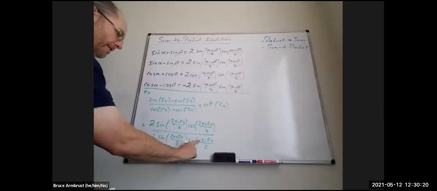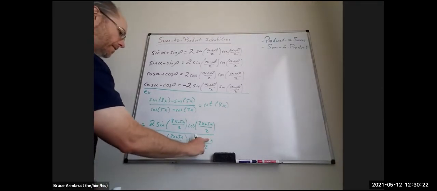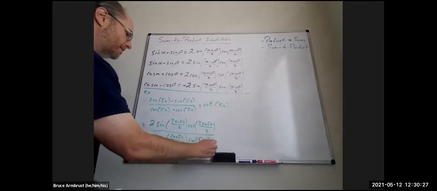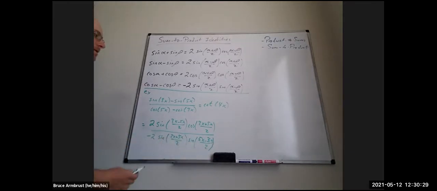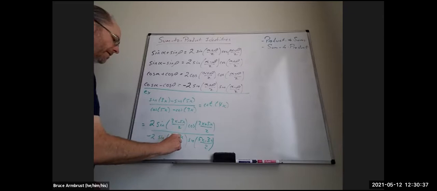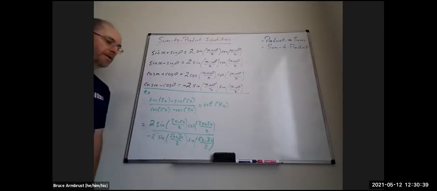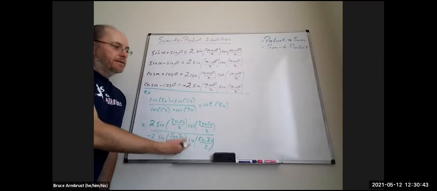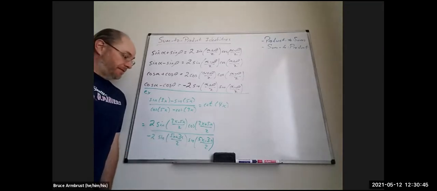Hold on, these are backwards. It should be 5x minus 3x, alpha minus beta. I'll change these two as well, even though it doesn't matter. All right, so that's where we are. Let's simplify what's in here.